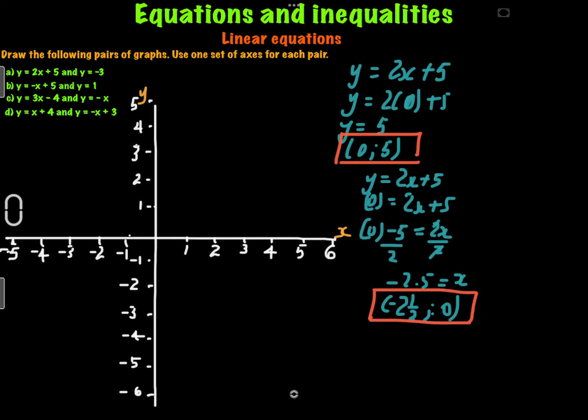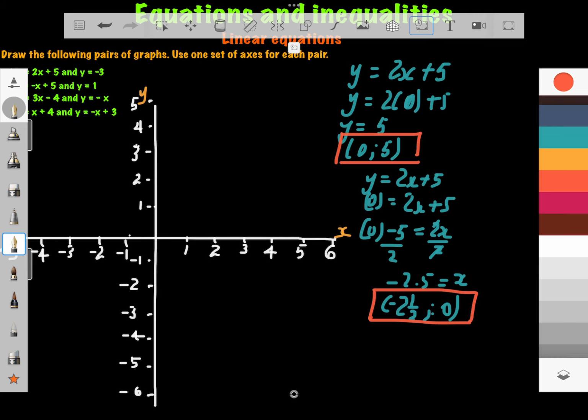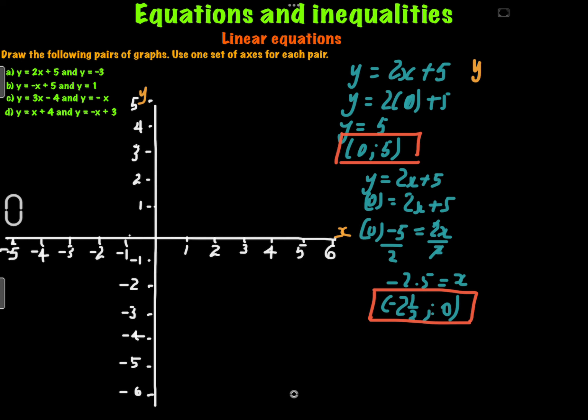But before that, we still need to look at y equals negative 3. We don't actually have any variable in terms of x here, so y is simply negative 3.